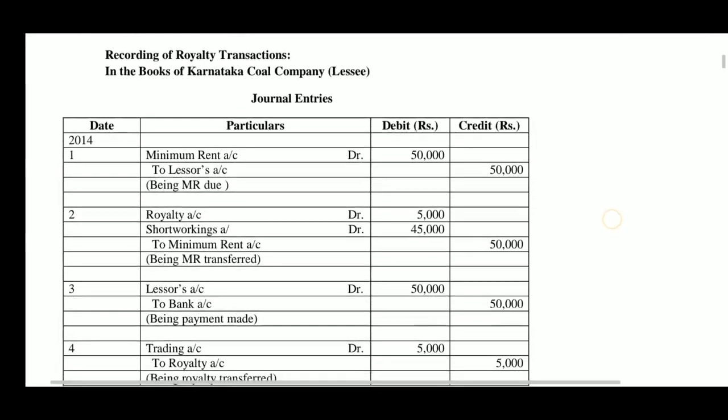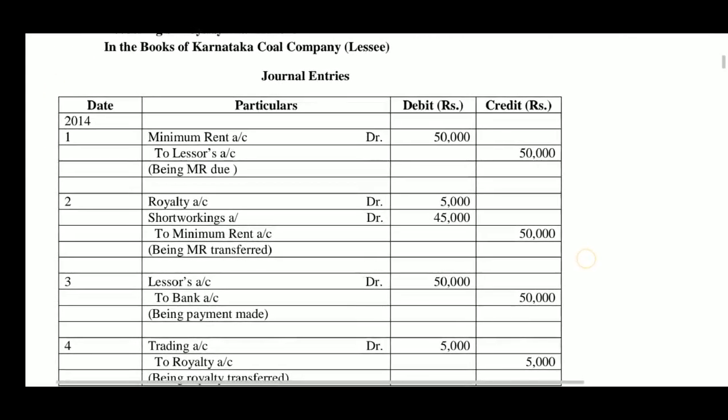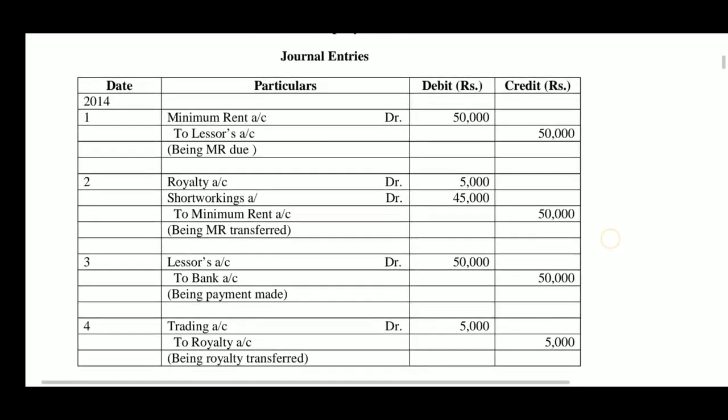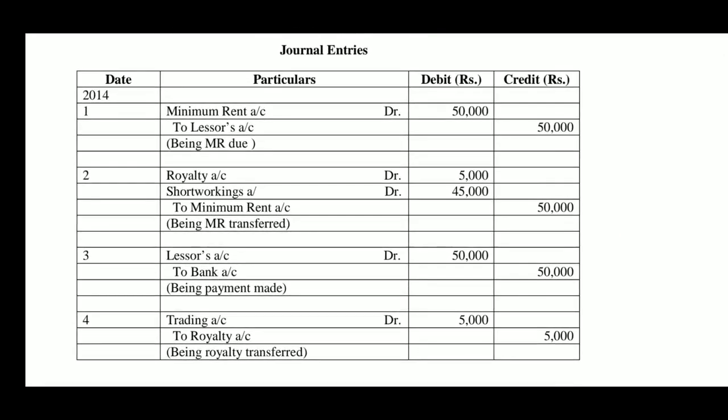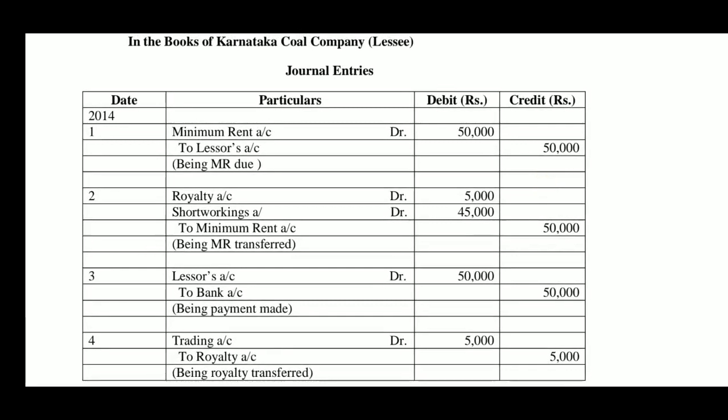Firstly, in the books of lessee, lessee is Karnataka Coal Company. Here, while passing the journal entries, remember, as already said in part 1, some entries are repeated, but the amount will vary. Now, here information is given for 5 years.